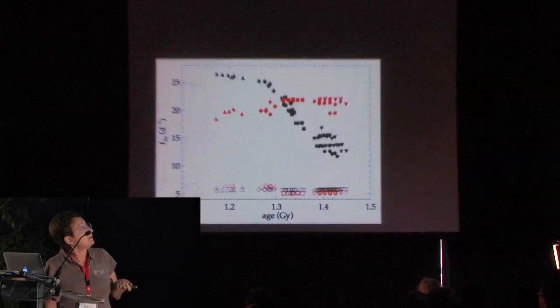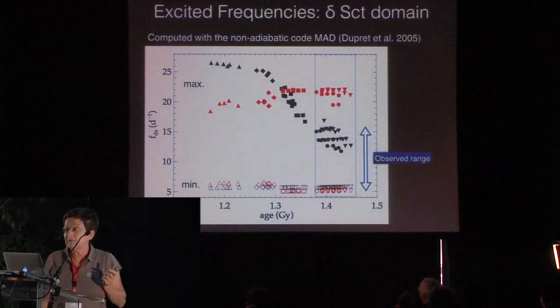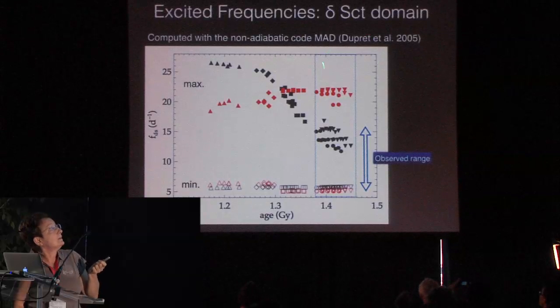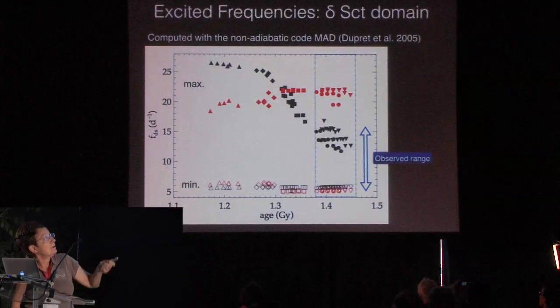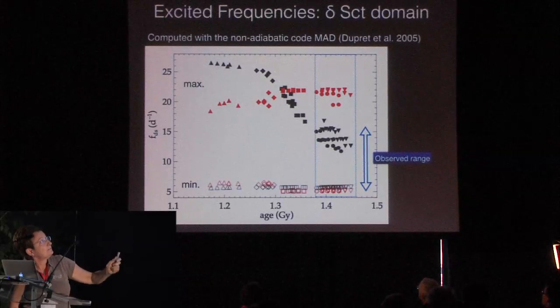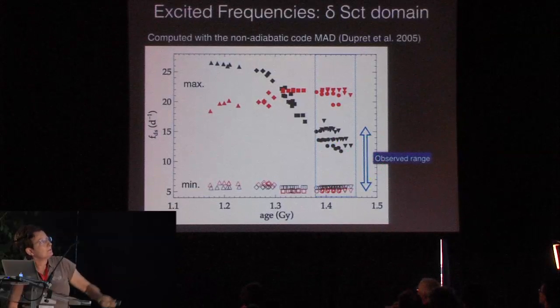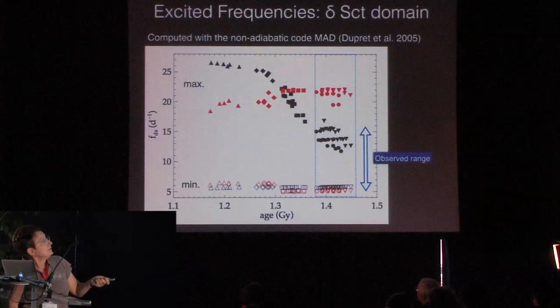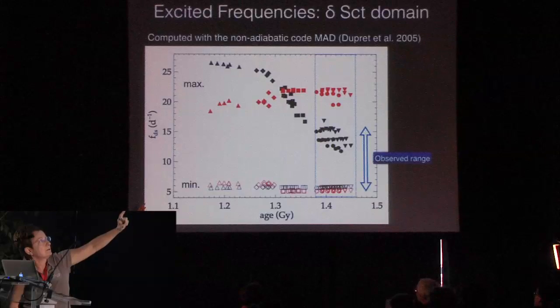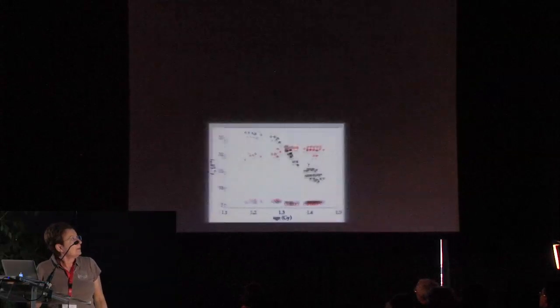Now, look at the excited frequencies in the delta Scuti domain. I have this age, primary and secondary. This is the observed range. These are the models that are chosen. And this is a very good agreement with what is observed. This is maximum and minimum, so you are in the middle, it's okay.